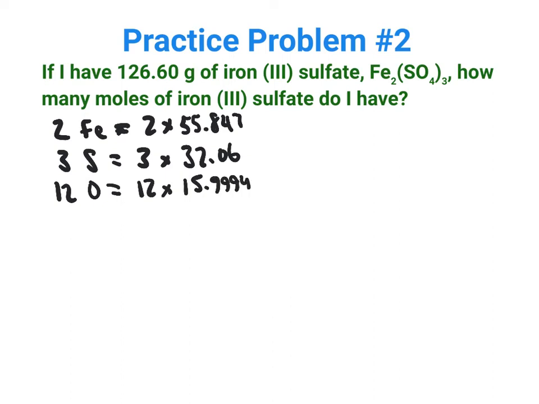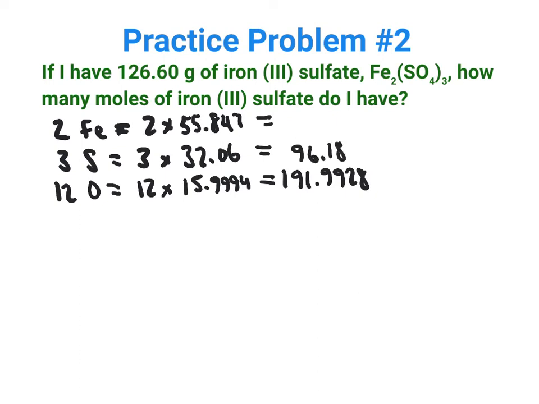15.9994. You will get very used to writing some of these common ones. 15.9994 is a very common one. So 15.9994 times 12 is equal to 191.9928. 3 times 32.06 is equal to 96.18.